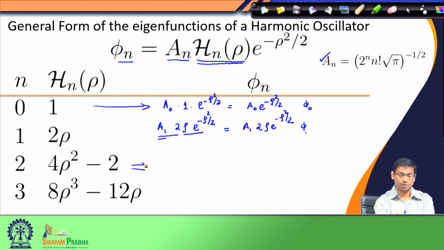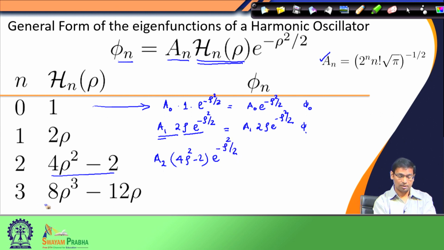eigenfunction corresponding to n equals 2, When n is 2, we can write down the eigenfunction phi 2 as a 2 multiplied by the Hermite polynomial 4 rho square minus 2 multiplied by e to the power minus rho square by 2.